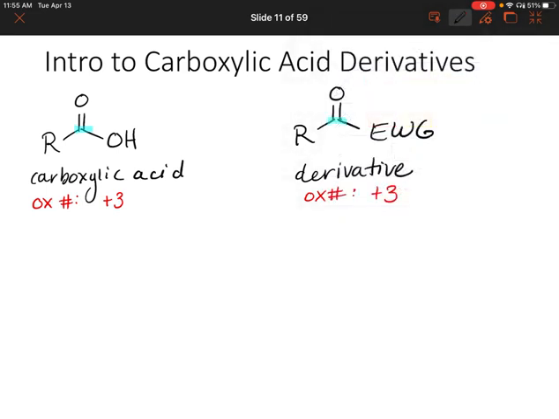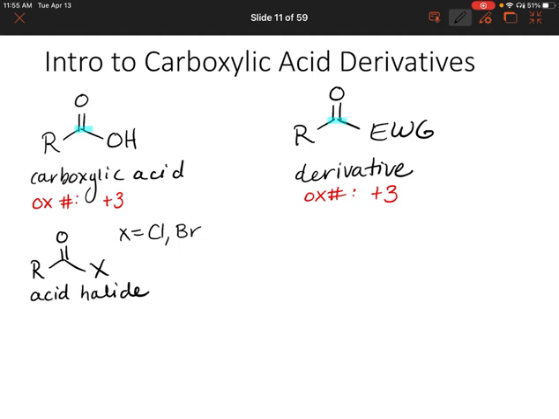So again, these will have electron withdrawing groups in place of our OH group. So we can have, for instance, a halogen, and this molecule would be called an acid halide. Now this halogen is typically going to be chlorine or bromine.